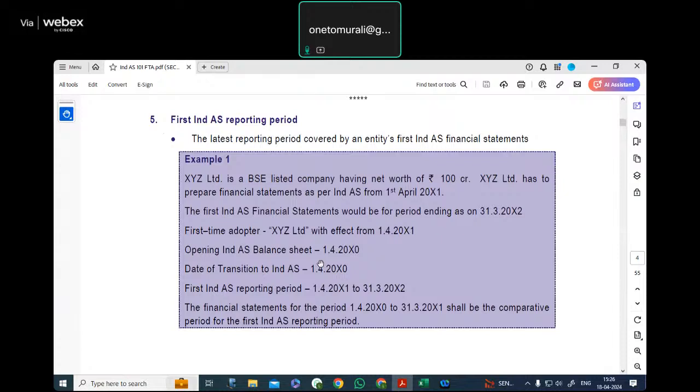A company which is making a claim that they are adopting, only that company will be taken up as a first time adopter. When a company had in fact adopted for the first time but failed to make a disclosure, they will not be considered as a first time adopter.